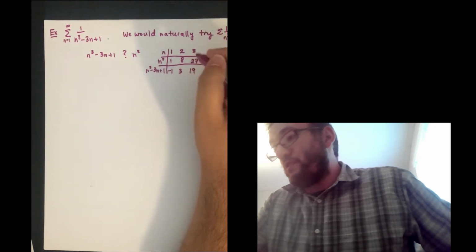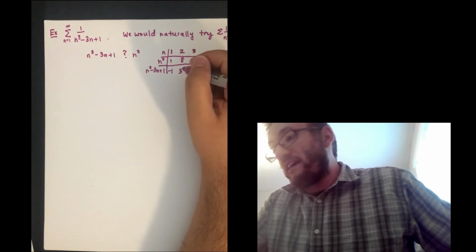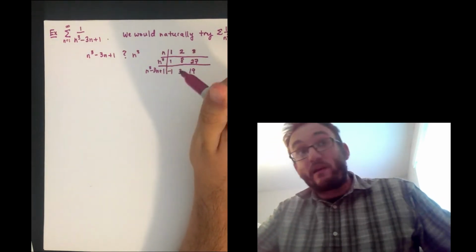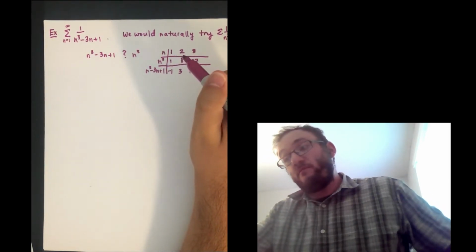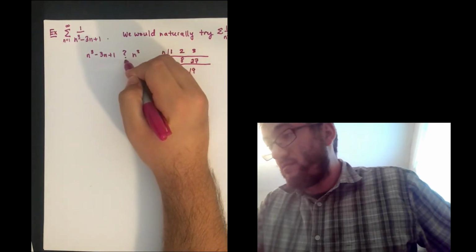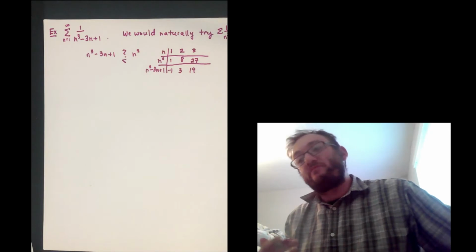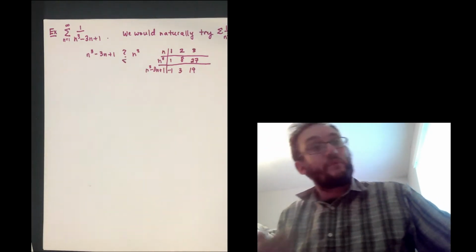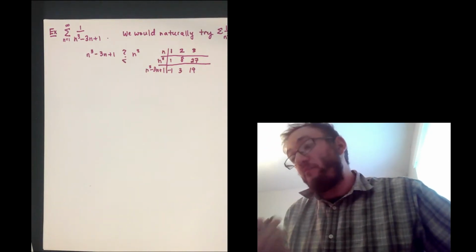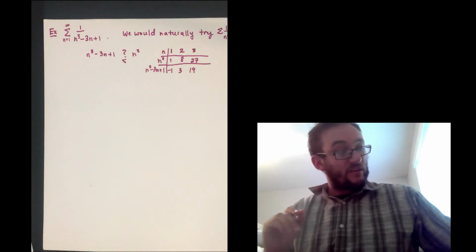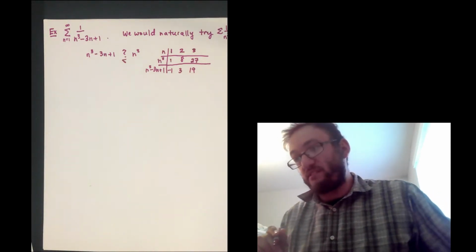So it looks like n cubed is larger than n cubed minus 3n plus 1. But if n cubed is the larger thing, then when we take the reciprocal, we're not going to have the comparison that we're looking for. So what can we do? How can we resolve this situation?